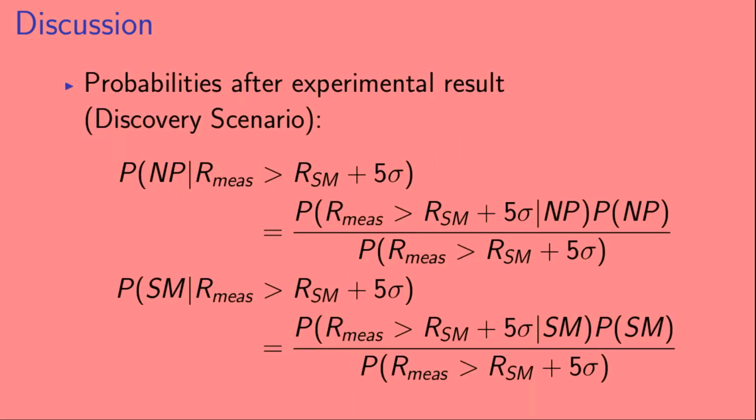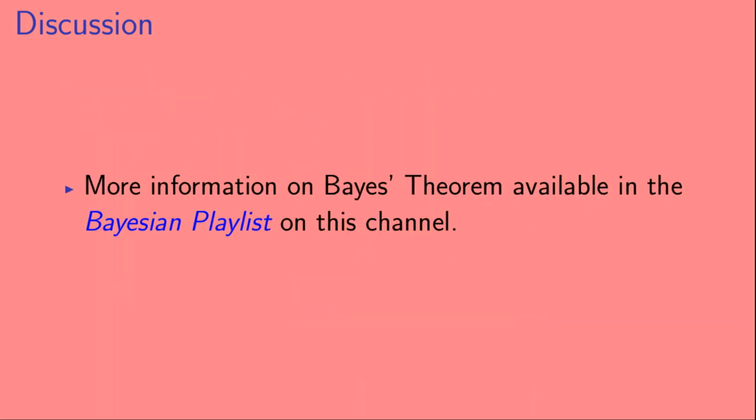Now we won't go through any of the math, but using Bayes' theorem, you can take your prior probabilities for the new physics and standard model hypotheses and your experimental results and come up with new probabilities for the new physics and standard model hypotheses given your priors and the result of your experiment. If you'd like more information on Bayes' theorem, you can check out the Bayesian playlist on this channel.